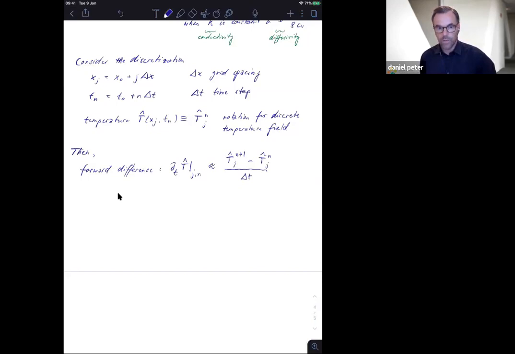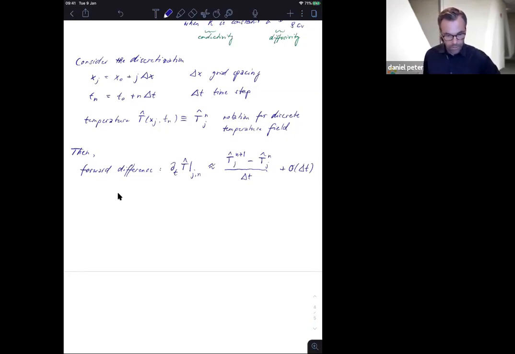So that's our forward difference scheme. And we saw last time this is of the order delta t, the first order scheme. Truncation error is linear with the time step size.